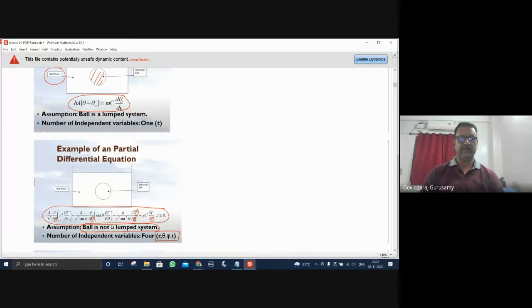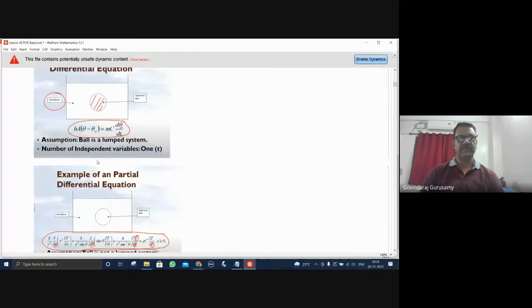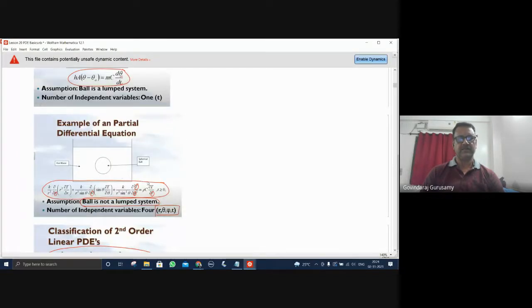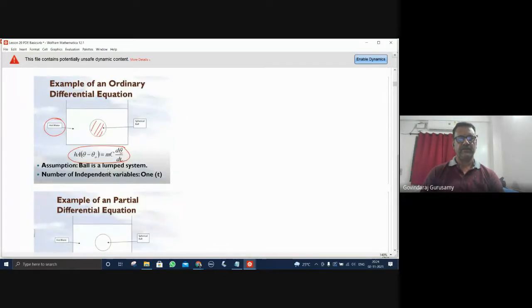And if you don't assume, and try to take every one of the terms into consideration, set up the equation and look at the solution, then that will be completely different. When you assume the minimum things that can be taken into consideration to start with, and then look for the solution, it is called the lump system.